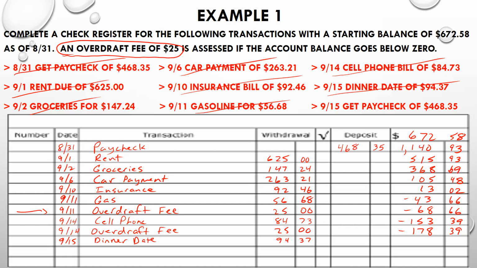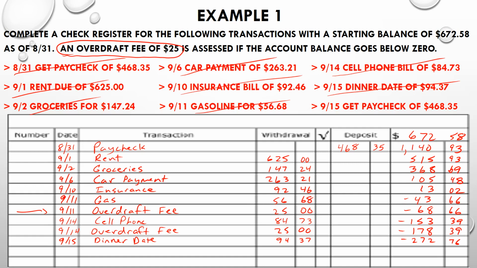So when I do that, the bank says, thank you very much. You're spending money that you don't have. Now you owe us $272.76. We're going to subtract away that $94 from your dinner date.